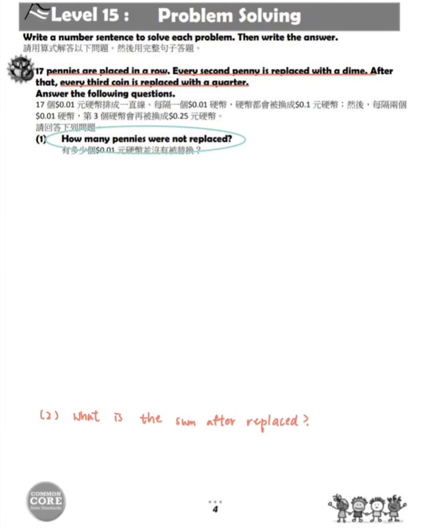So first, we can make some notes. Let's use a triangle to represent a dime, a circle to represent a penny, and a square to represent a quarter. Now, because it is saying there are 17 pennies, let's draw 17 circles.